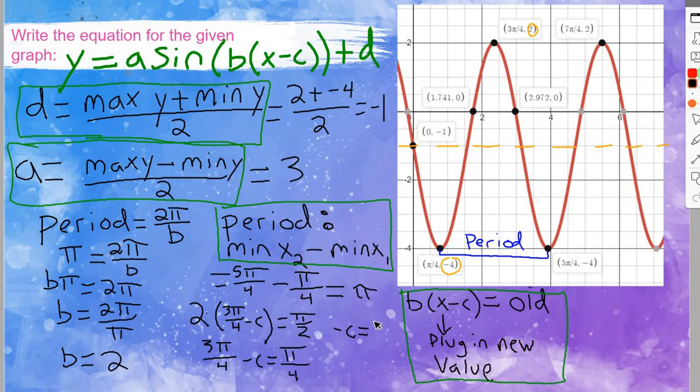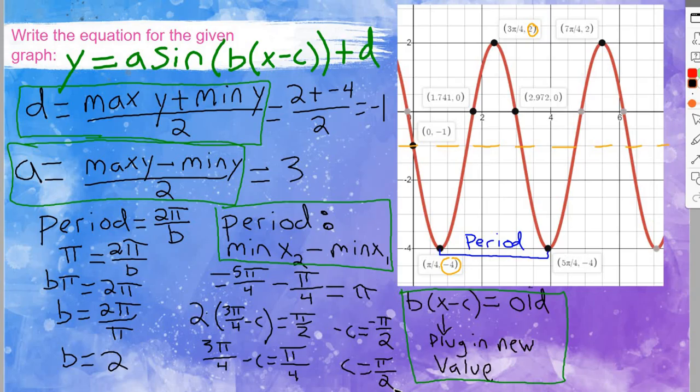But I have a pi on top, so negative pi over 2. And then my last step is just to divide by negative pi over 2. Okay.